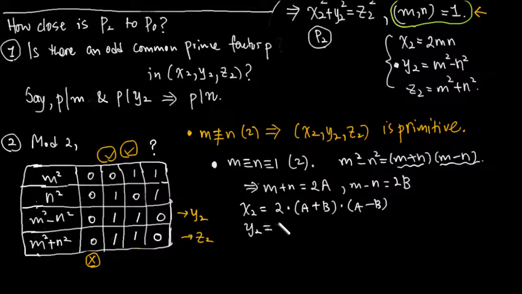So y2 is here, already written m plus n, that's already 2a, and m minus n, that's 2b, so you write it like this. Alright, so that's that, and z2, going back there again. If you solve for m and n, m was a plus b, n was a minus b, right?